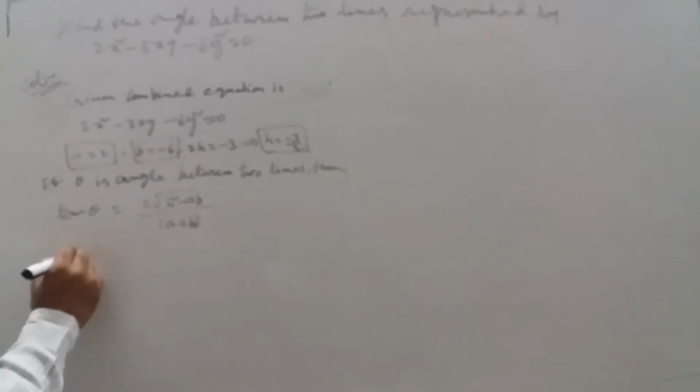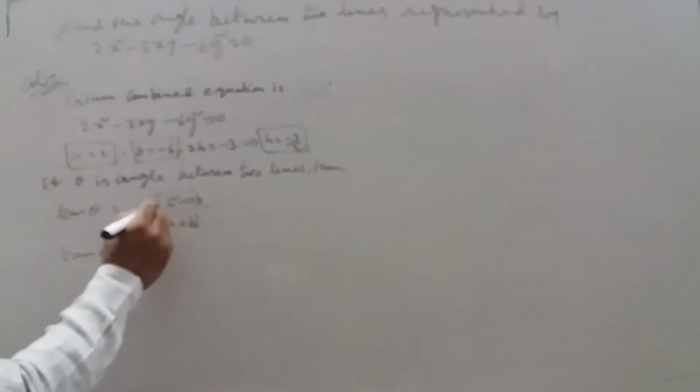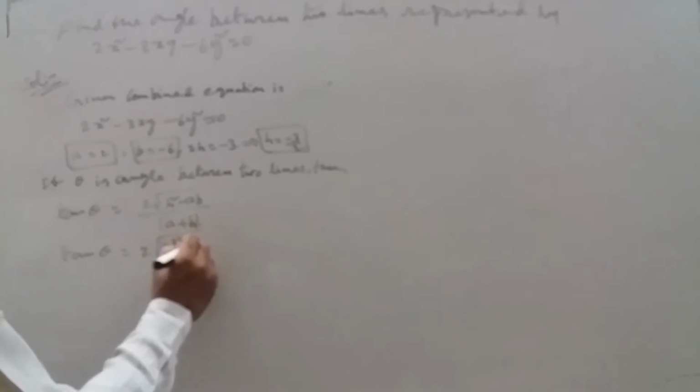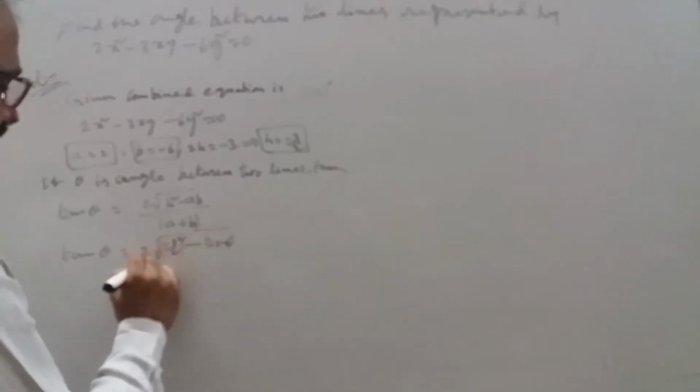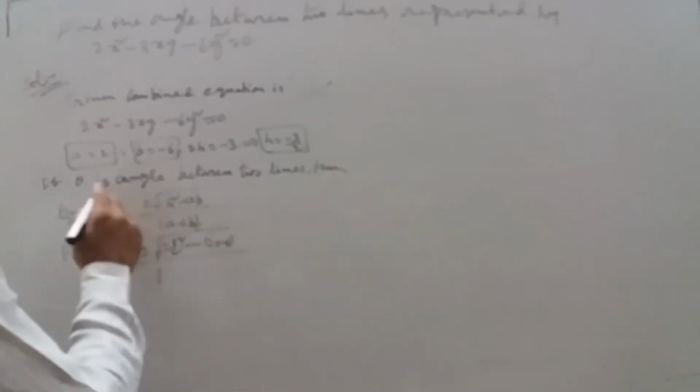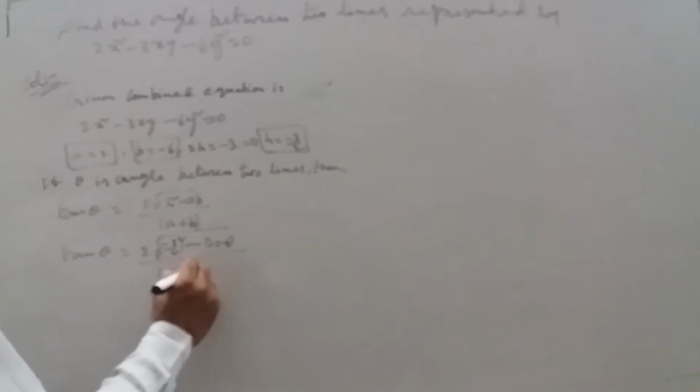Therefore, substitute the values: 2 into root of h square, what is h? Under root minus 3 by 2 whole square, minus ab, what is a? 2 into minus 6, by mod of a plus b. That means 2 plus minus 6.